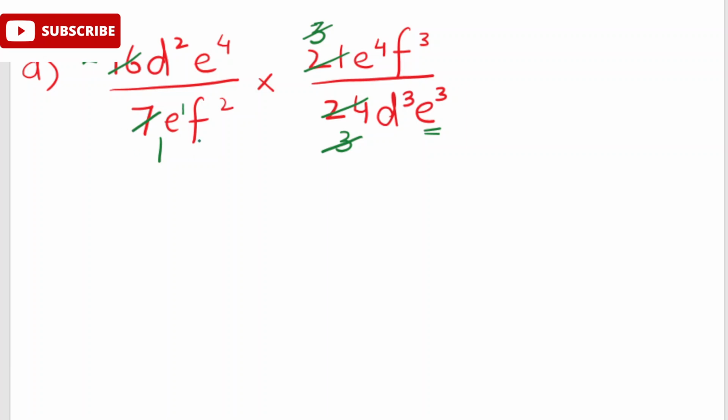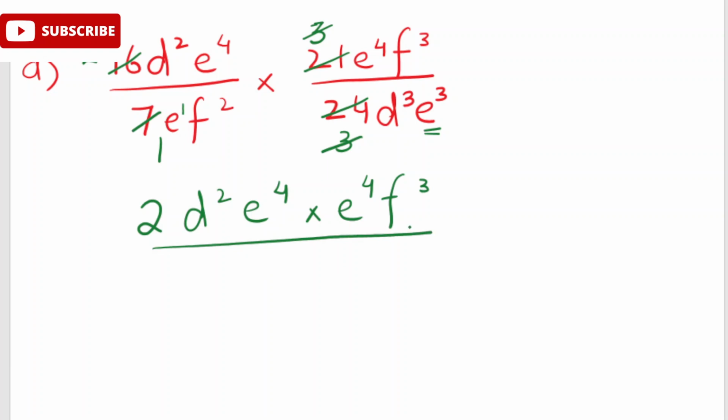3 is there. So now after that I can just first write it like this: 2 e square e power 4 times e power 4 f cube. I can just write it this way, and in the denominator f square e cube, e cube is there and 1 e is there.